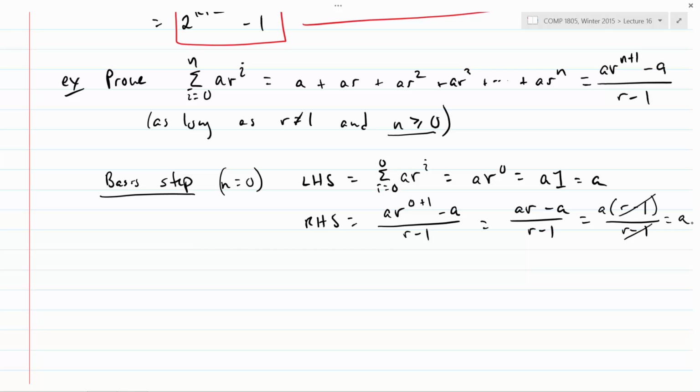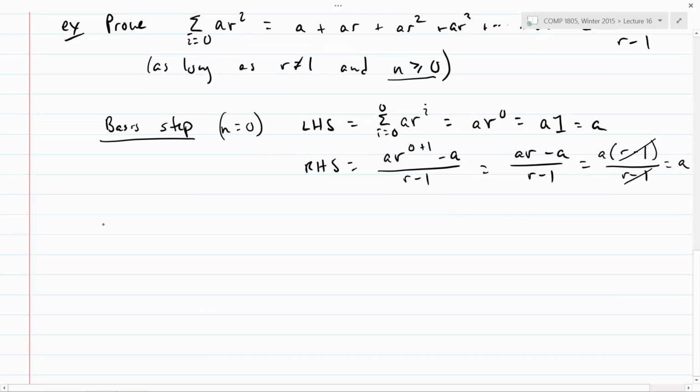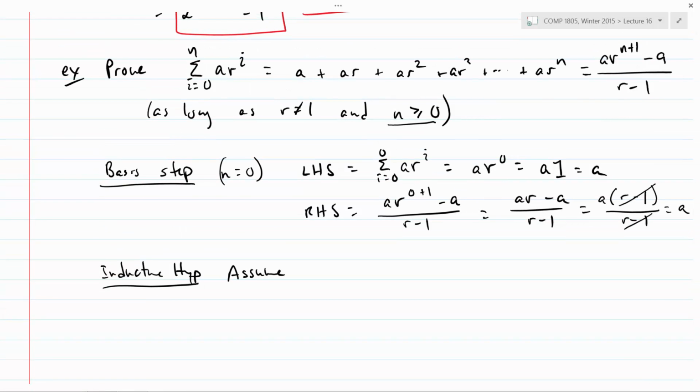All right. So next we do the inductive hypothesis. And the inductive hypothesis is that we assume that the statement is true when n equals k.